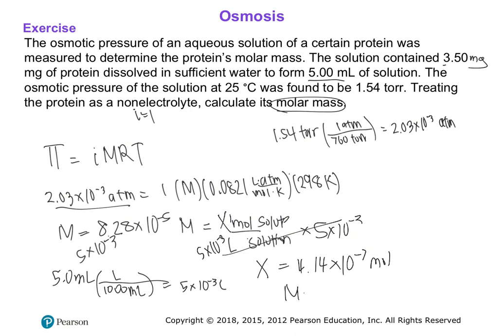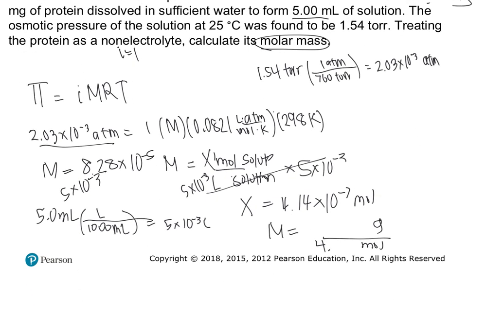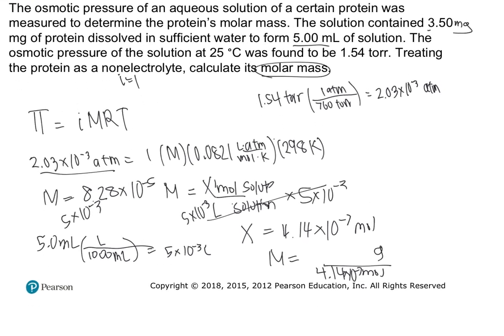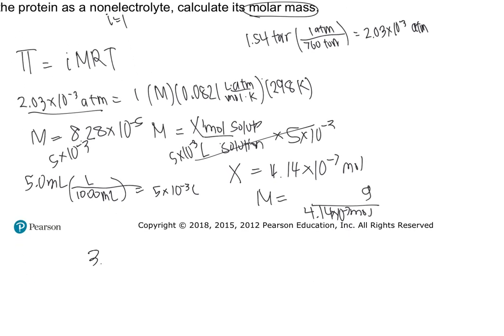Now remember, molar mass is grams per mole. And I know my moles, 4.14 times 10 to the negative 7. And I had 3.50 milligrams. Now I need that in grams. So I'm going to divide. I have 1,000 milligrams in 1 gram. So that is 3.5 times 10 to the negative 3.